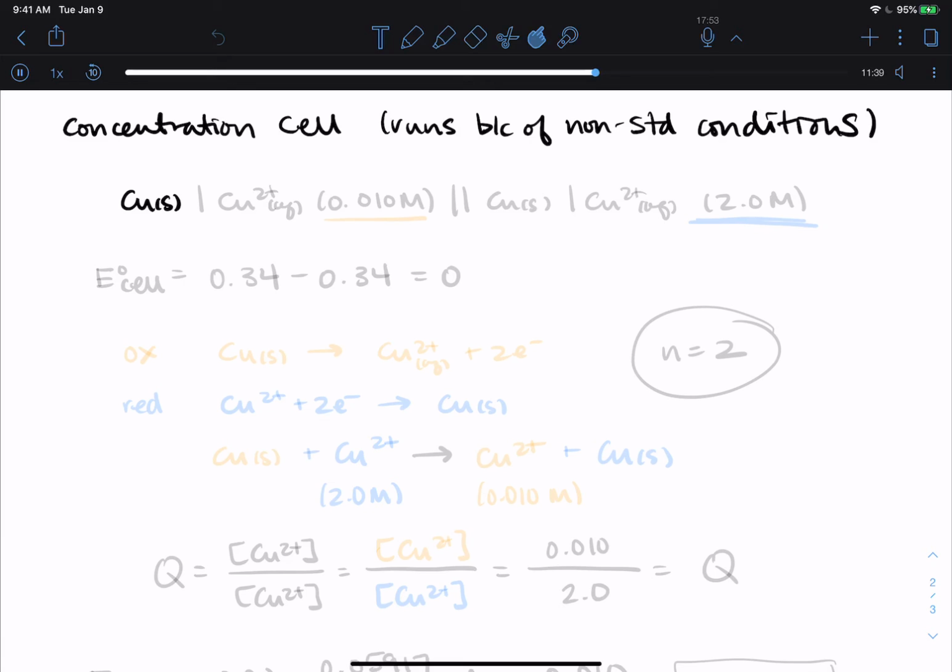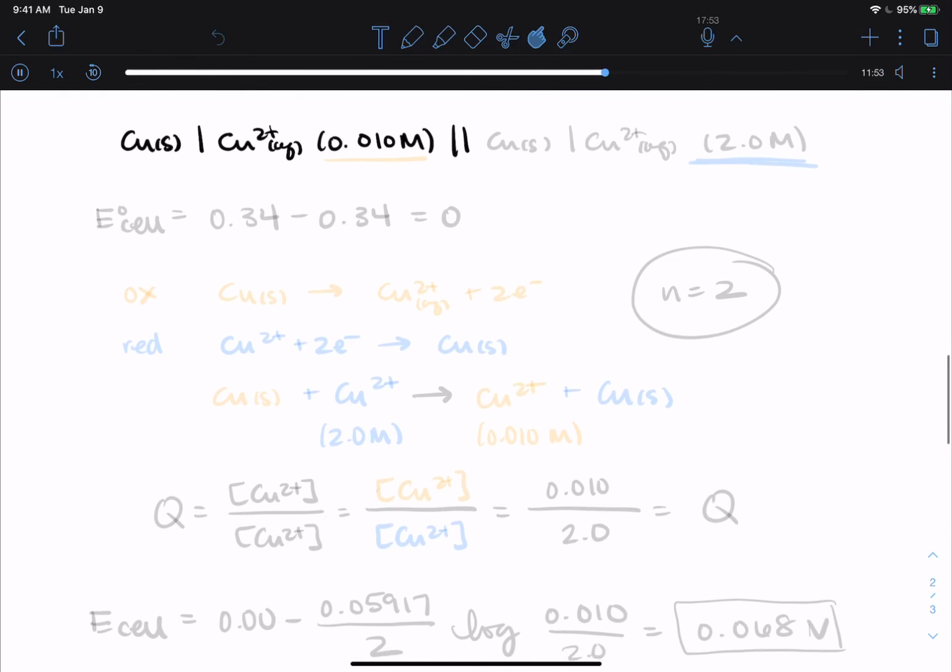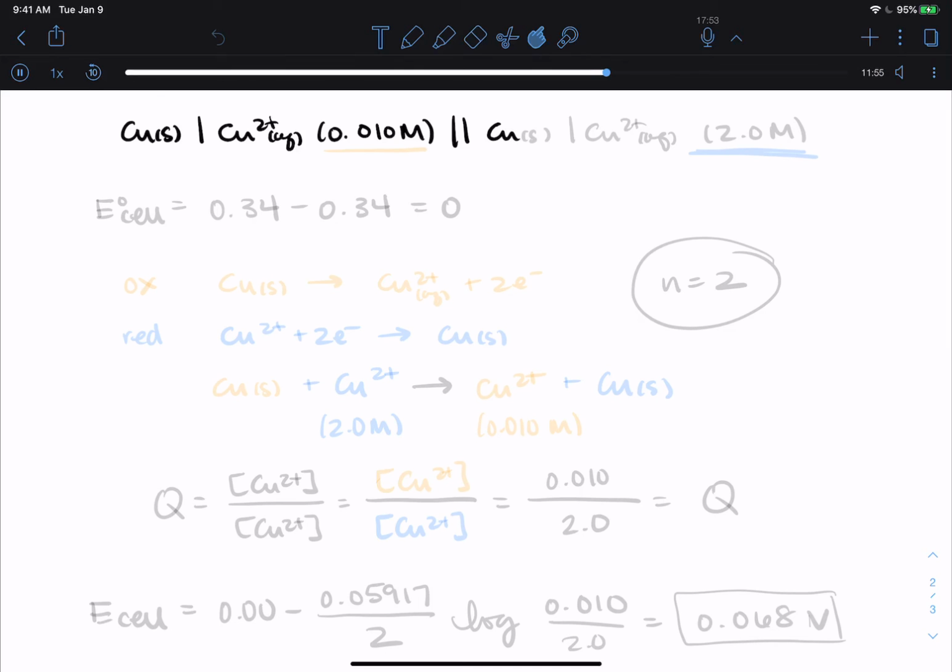We're going to have copper solid with copper 2+ aqueous at 0.010 molar at the anode, and at the cathode, copper solid, copper 2+ aqueous at a concentration of 2 molar.